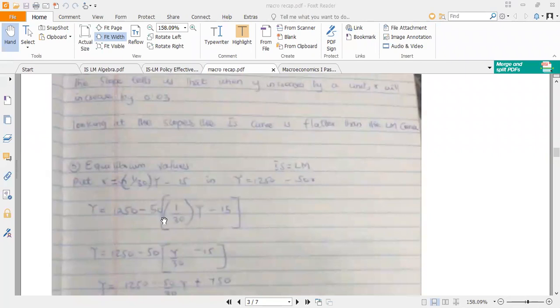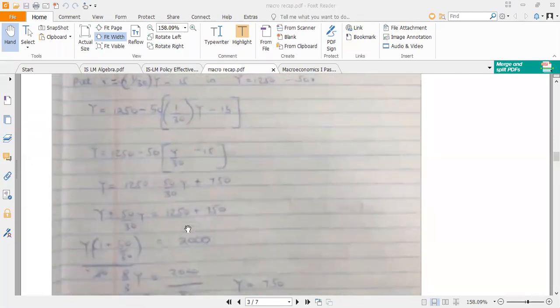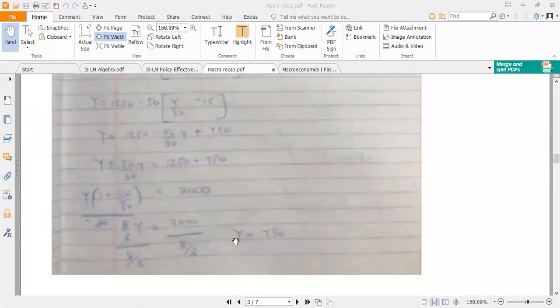So from this one, we are putting the R into the Y. You see that the IS equation was Y equals 1250 minus 50R, and this R is coming from the LM. So just do your substitution, and then what is left is just algebra. Just do your simplification, then you solve for Y. Here we are getting Y to be 750. So just go through the algebra.